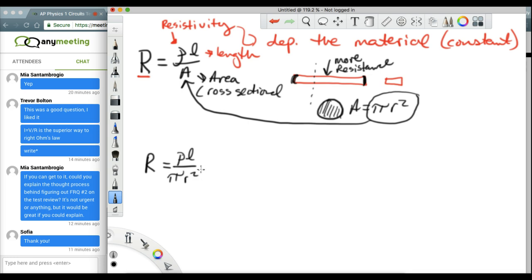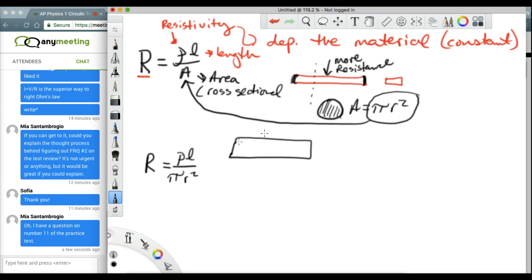On the quiz, there were 4 different pipe lengths and diameters. The first one was long and wide: the length was equal to 8, the diameter was equal to 2.